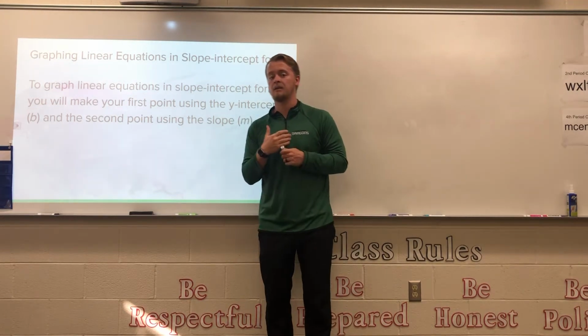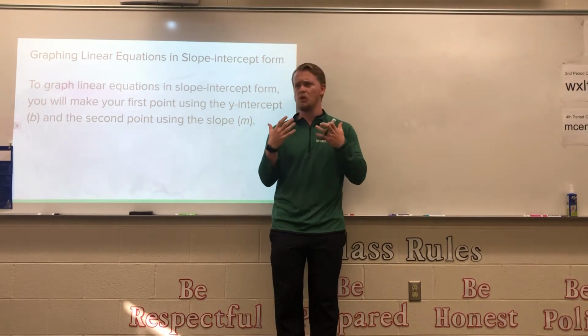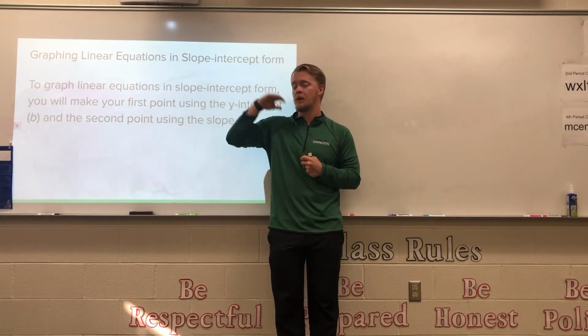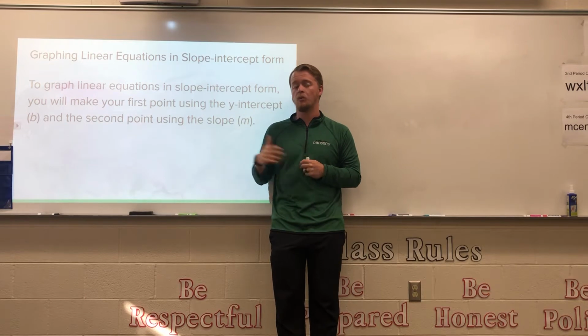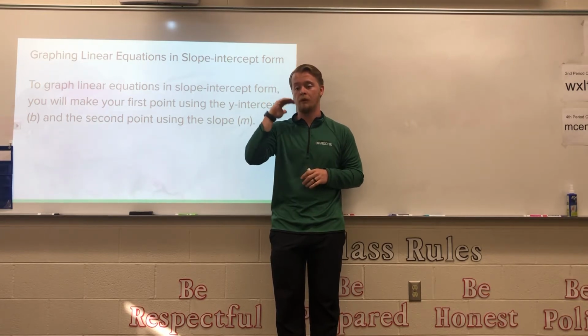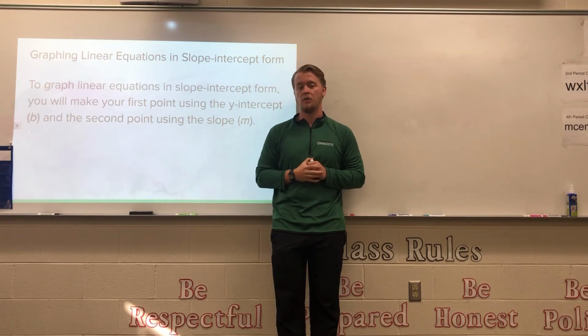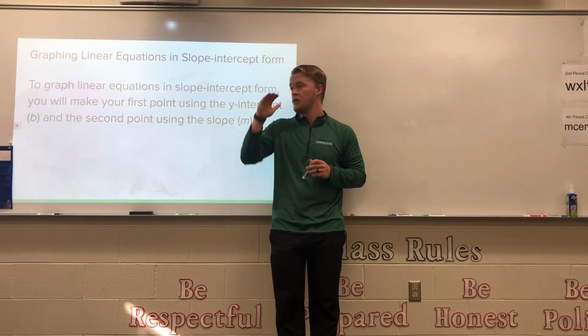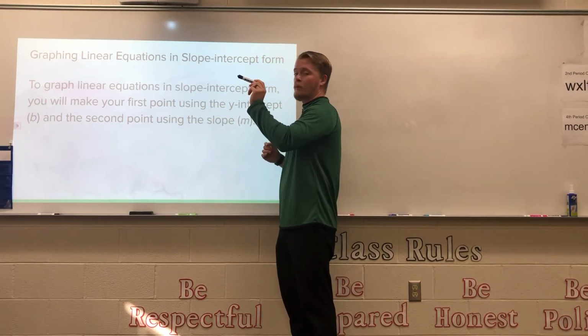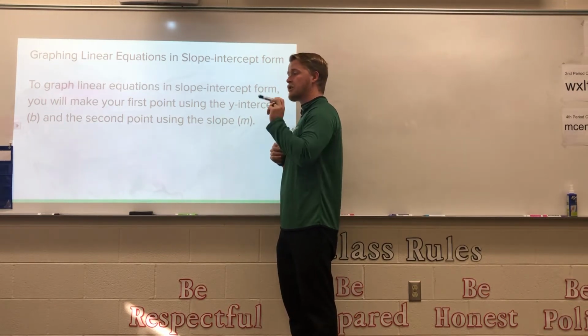So think back to the last section we talked about. What is the words that go with slope when talking about a graph? If you remember, it's rise over run. So what you're going to do is use that slope, rise over run, to go from that first point, and you're going to rise however many and run however many to get to your next point.